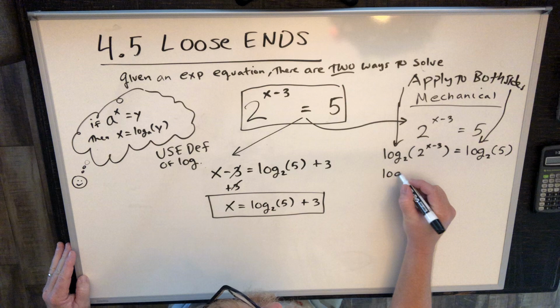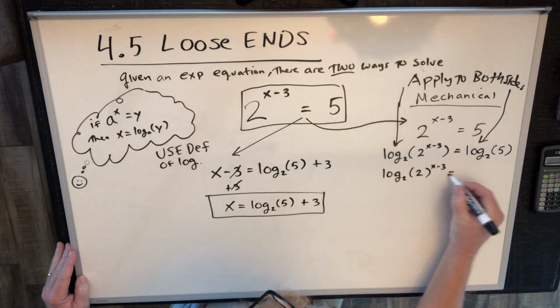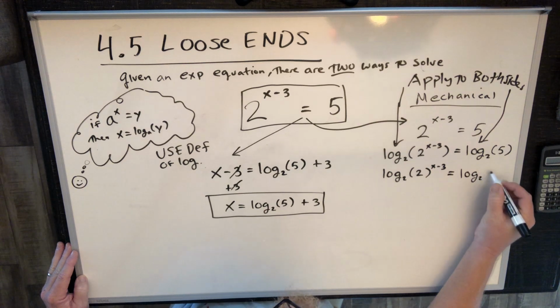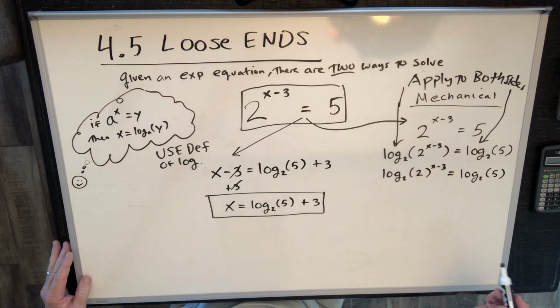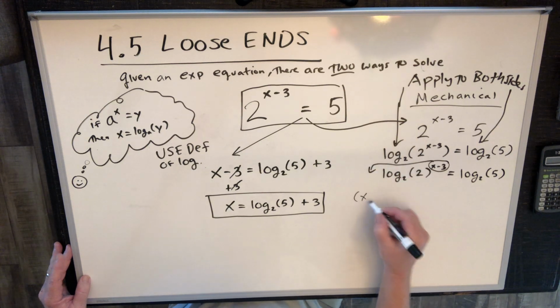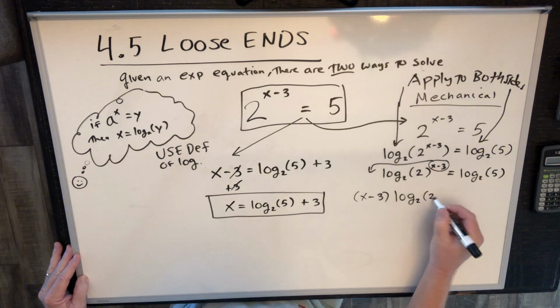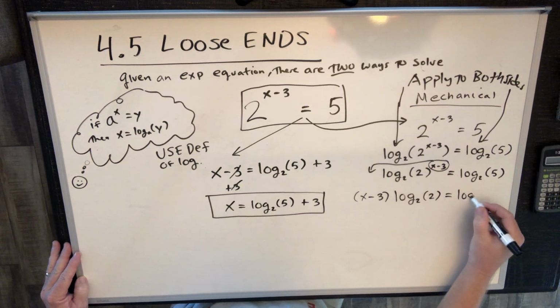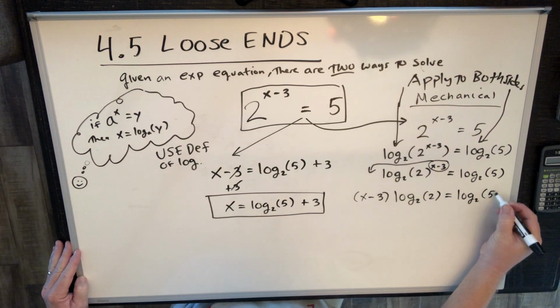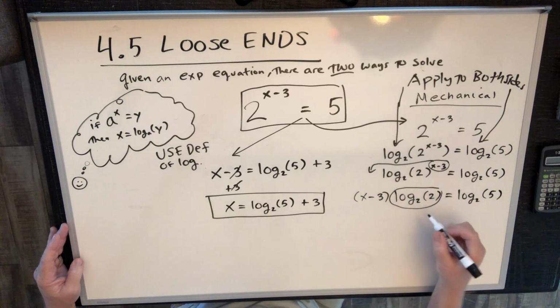So now we have log base 2 of 2 to the x minus 3 is log base 2 of 5. You bring the x minus 3 down to the front using the property of logarithms. You know that log base 2 of 2 is 1.